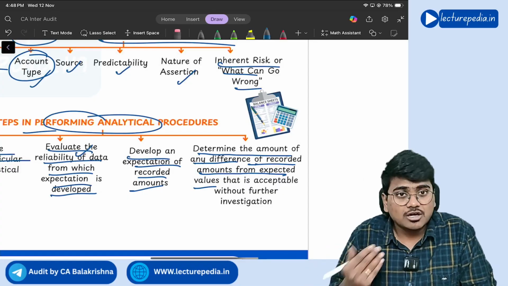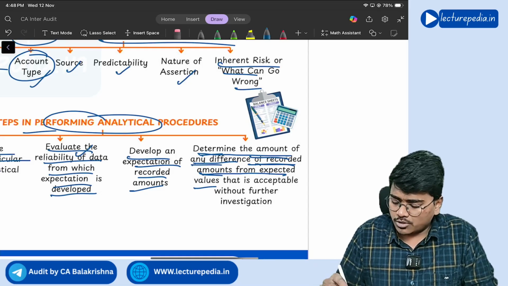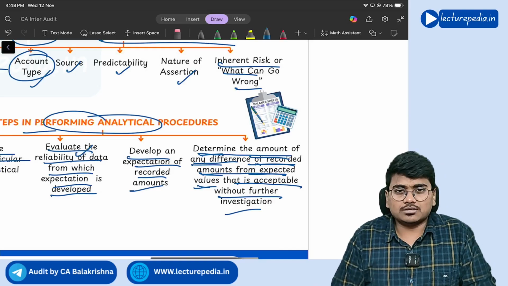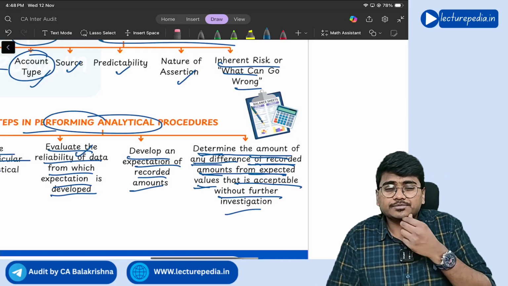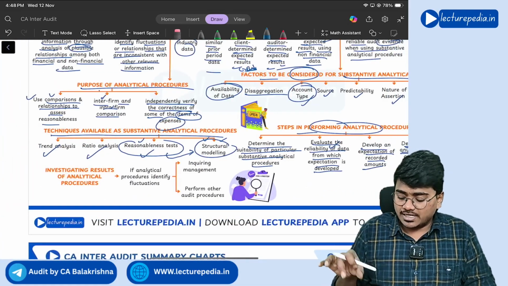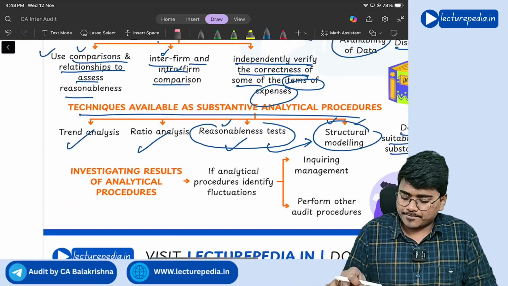That is the fourth step: determine the amount of difference of recorded amount from the expected values that is acceptable without further investigation. Got it? So these are the steps involved in analytical procedure.